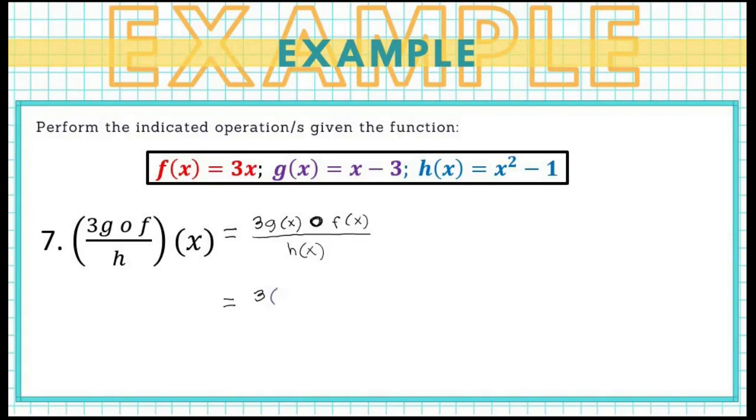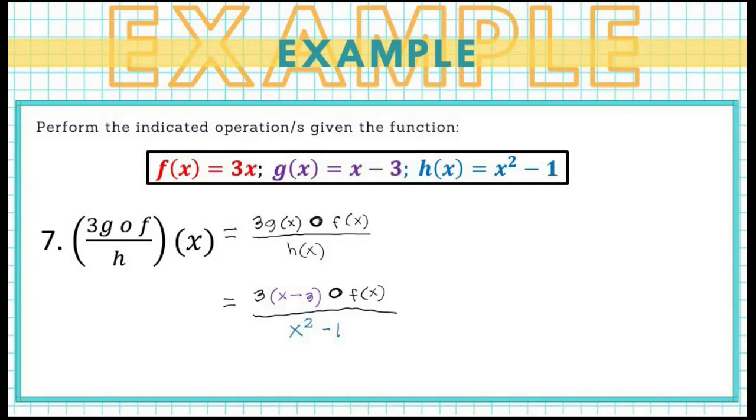Then substitute the value of g of x, which is quantity x minus 3. Then copy the operation circle or composition, an open circle, f of x all over h of x. Now again, we substitute the value for h of x, which is x squared minus 1.